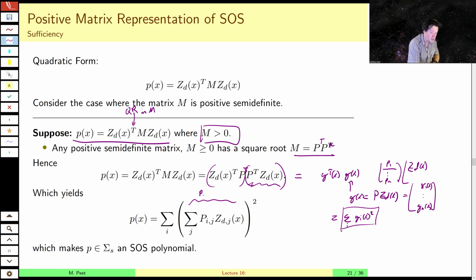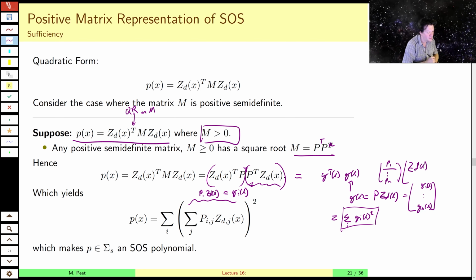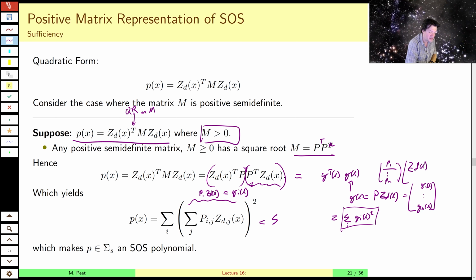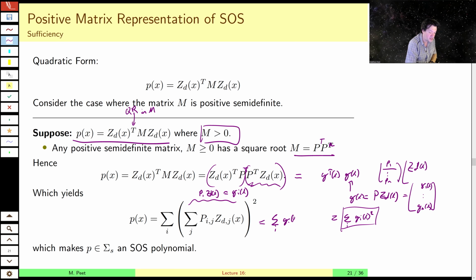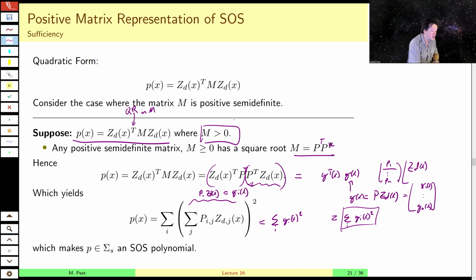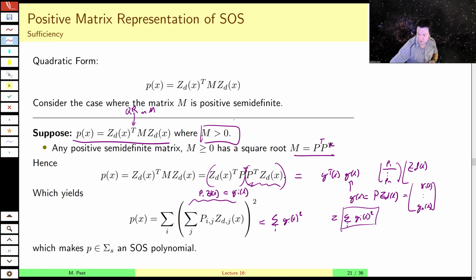So P_i Z_D of x, which is equal to G_i of x. And so now we have a sum over i of G_i of x squared, so it's a sum of squares representation. So we now have a matrix inequality, which of course enforces the sum of squares constraint.